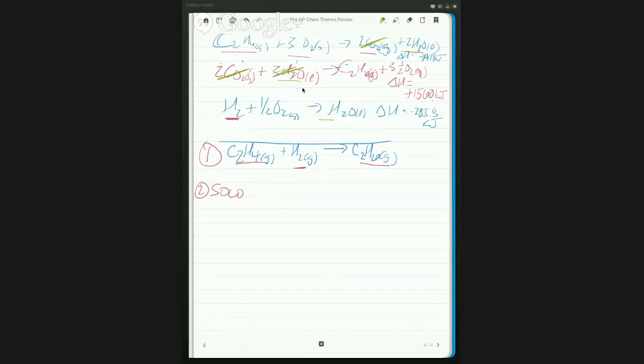I have a 3O2 here, 3.5 there, and then a half right here, so 3.5 and 3.5, those cancel out, half and half. So I have C2H4, C2H4, H2, H2, C2H6, C2H6. So I can just add these together.